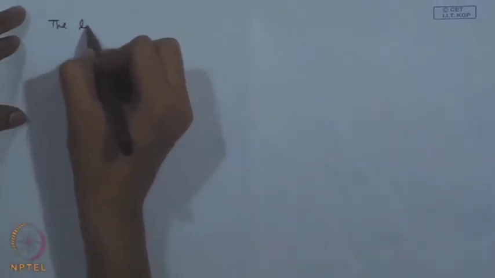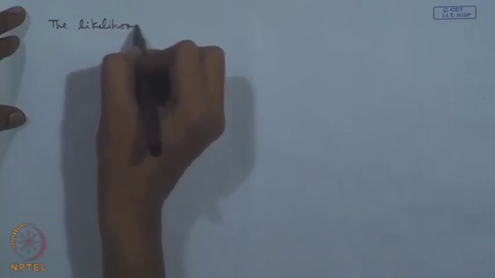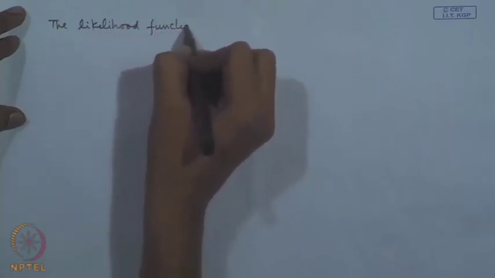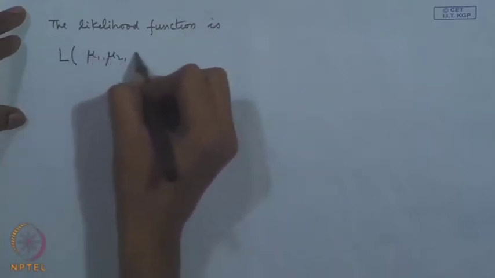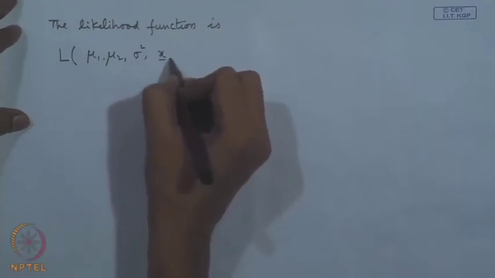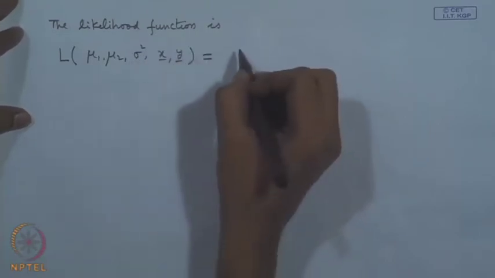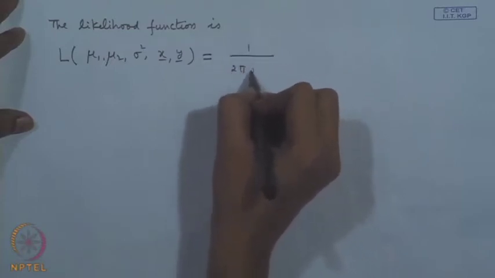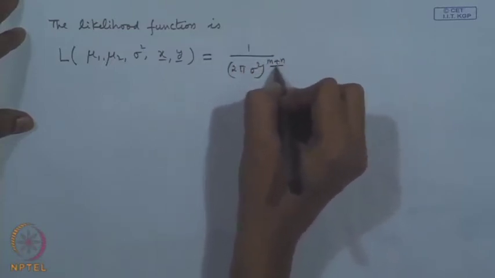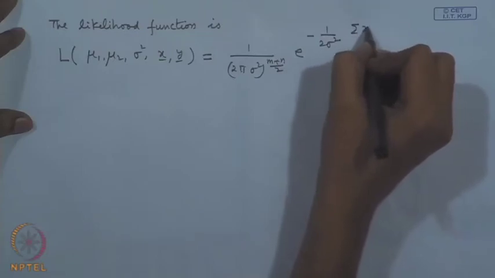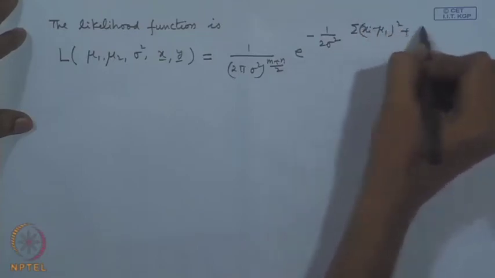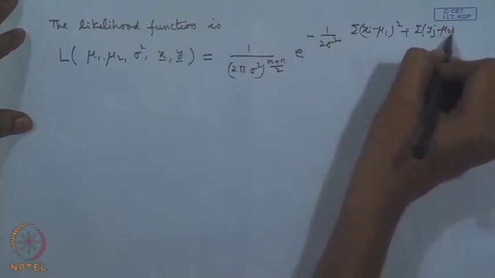Let us write down the likelihood function. The likelihood function is given by L(mu1, mu2, sigma square; x, y), which is equal to 1 by 2 pi sigma square to the power (m plus n) by 2 times e to the power minus 1 by 2 sigma square times the sum of (xi minus mu1) square plus the sum of (yj minus mu2) square.